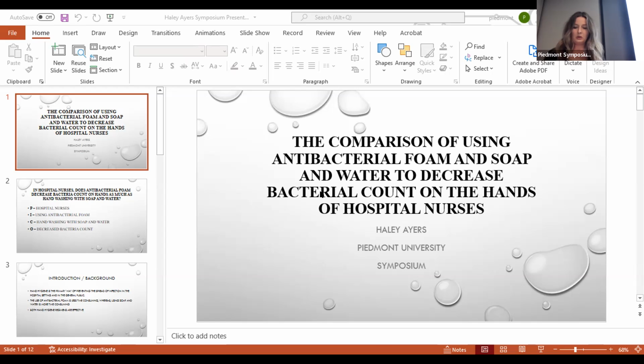So my first article that I found is the effects of hand disinfection with alcohol hand rub, ozonized water, or soap and water. So this article compared the effectiveness of using both an alcohol hand rub and soap and water in the removal of E. coli. The sample size that this study had was 35 individuals using the alcohol hand rub and then 55 individuals using just soap and water.